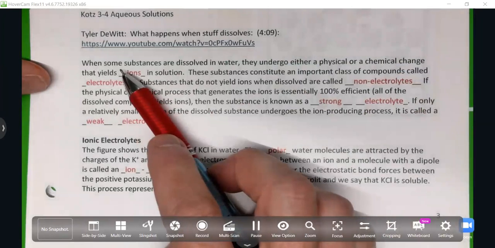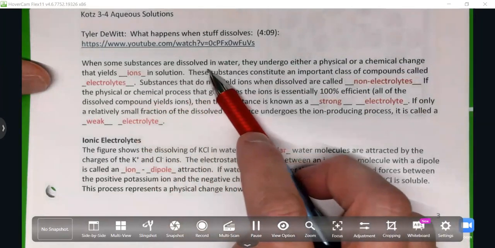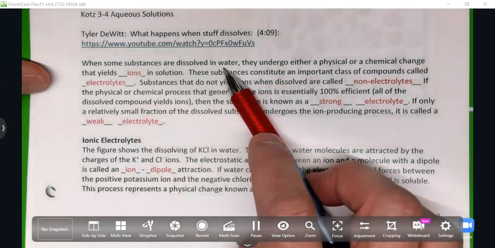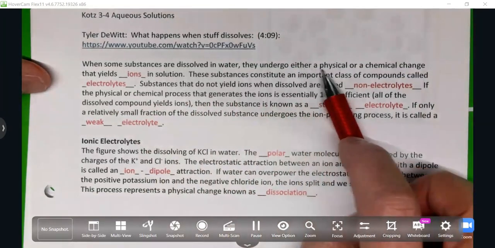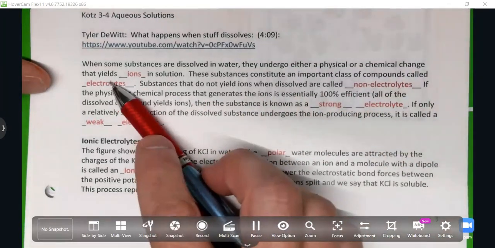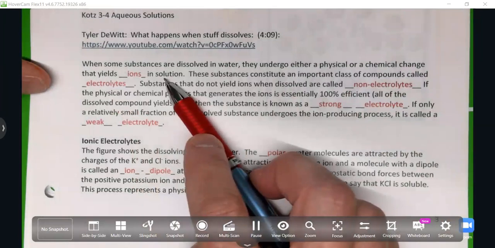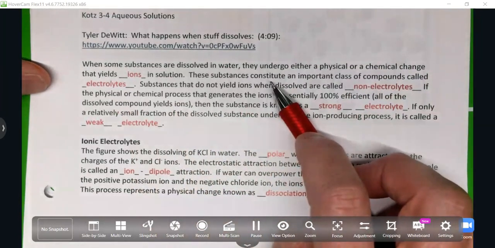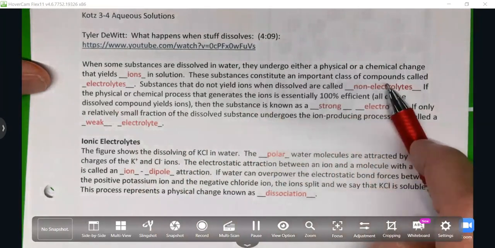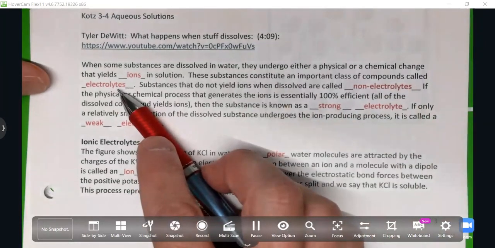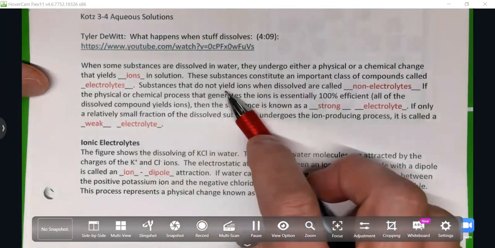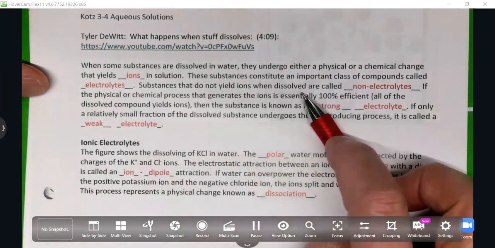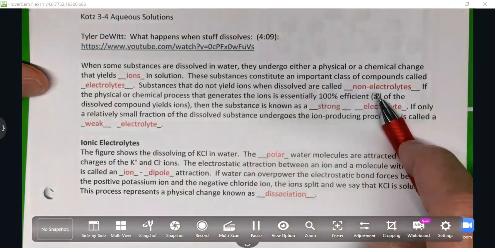Well, what about when substances are dissolved in water? They undergo either a physical or chemical change that yields ions in solution. These substances constitute an important class of compound called electrolytes. Substances that do not yield ions when dissolved are called non-electrolytes.